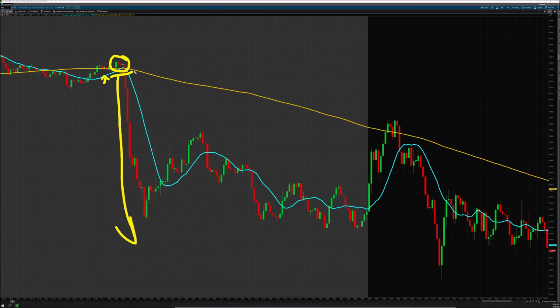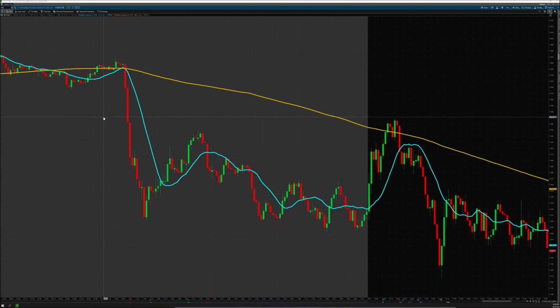It's clearly was thinking of crossing over that 200 SMA, trying to make a new high. News came in, and this is what happens when news comes in. So always have an exit plan on your trade.